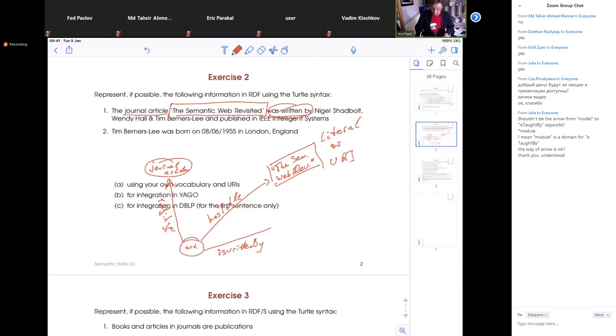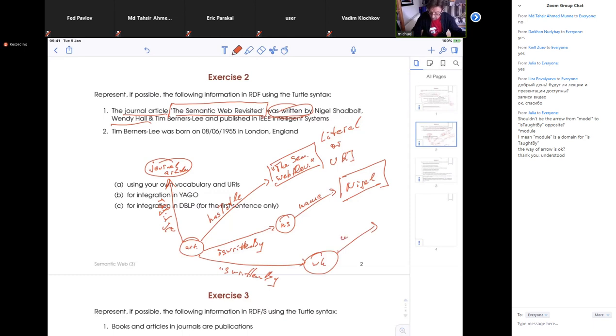Maybe it can be like this: is written by, and here I have, I don't know, a URI for Nigel Shadbolt, say NS, and here name. And then it will be a literal, Nigel. And then another one is written by. And the next one will be what? Wendy Hall, WH, and then name. Or differently, you can include the name already into a speaking URI.